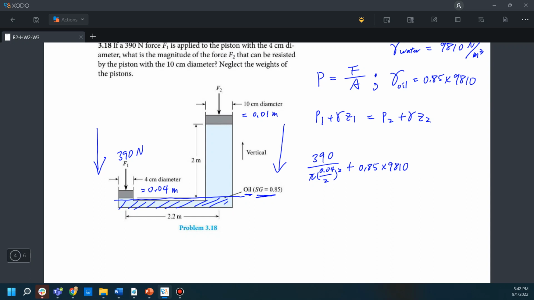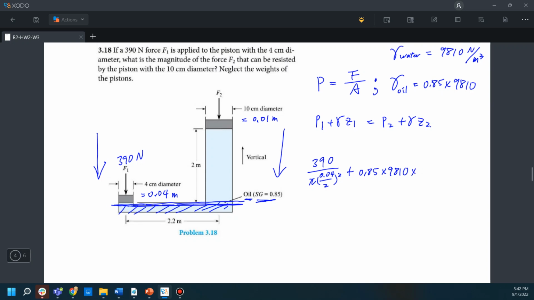And because we cut a line at here, so Z1 will be 0. And it will equal to P2, which is the F2 that we want to solve, divided by the area of this piston tube, pi 0. Sorry, I was wrong here.